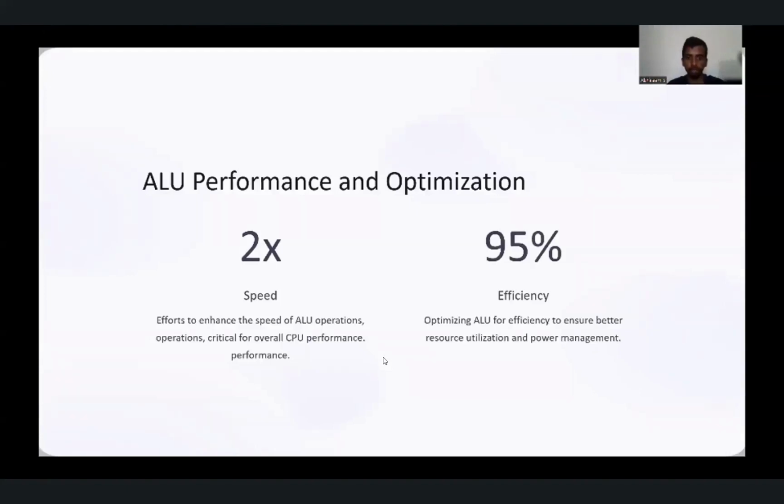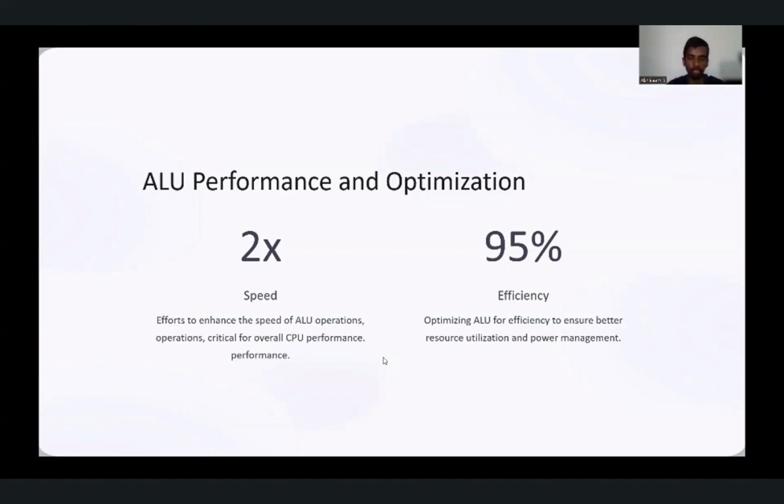and the performance and optimization is very efficient in terms of its properties, where when the data is stored in the register, the speed of processing it is more than twice. The efforts to enhance the speed of ALU operations are critical for overall CPU performance, meaning that when the data is stored in a register, the speed of processing will become twice.